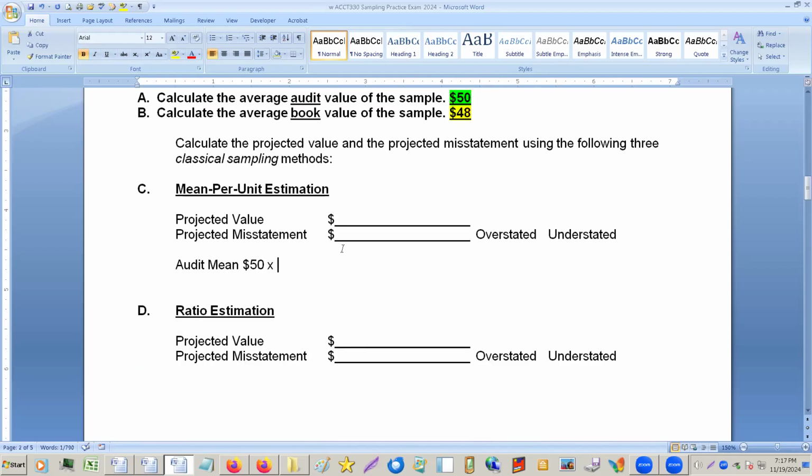So 8,000 times $50 equals some number. Okay, so this is 400,000.